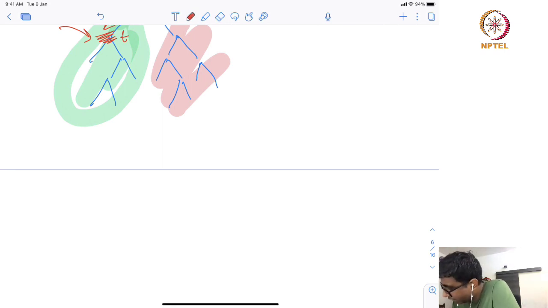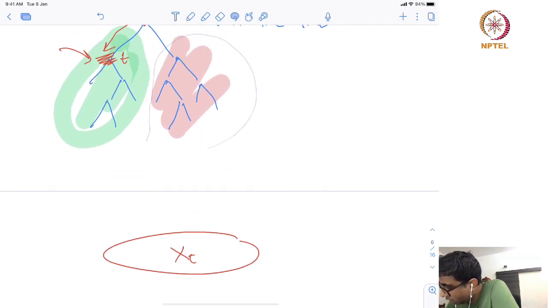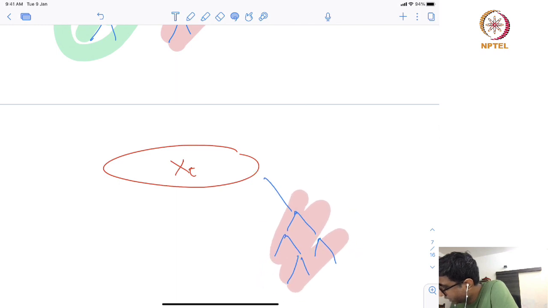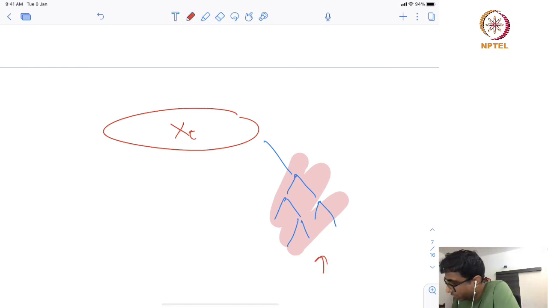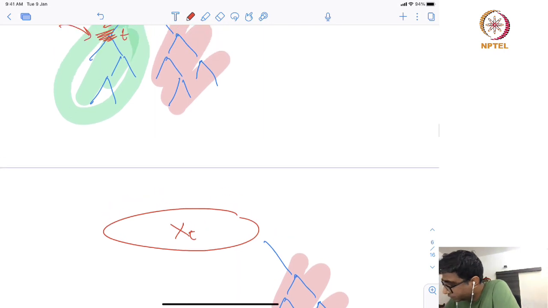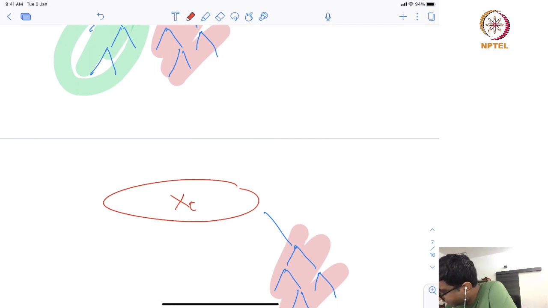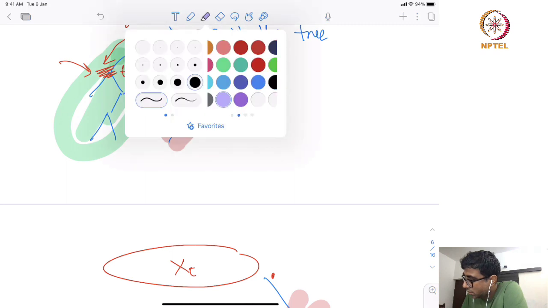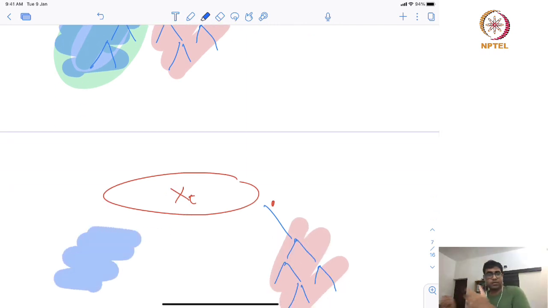So now I delete xt, and all the components of these pieces are going to be here, including something that comes from that red vertex, and all the components below xt will be here, in several components.